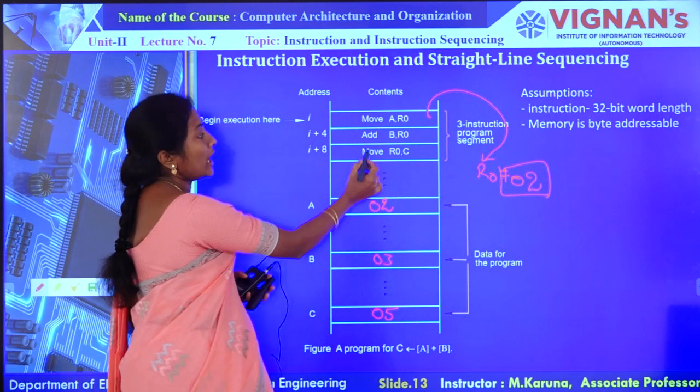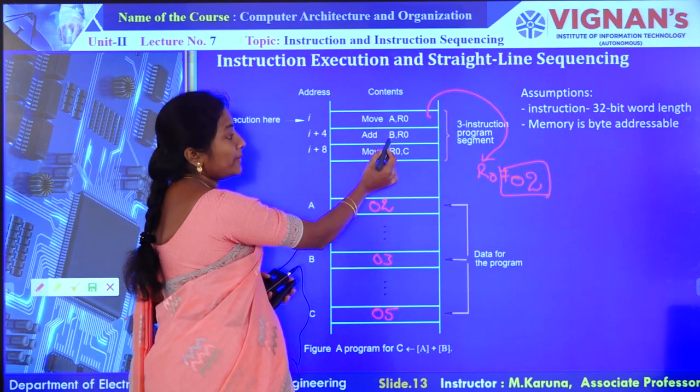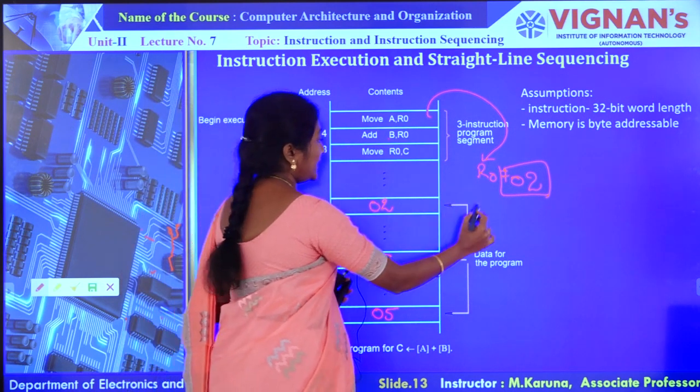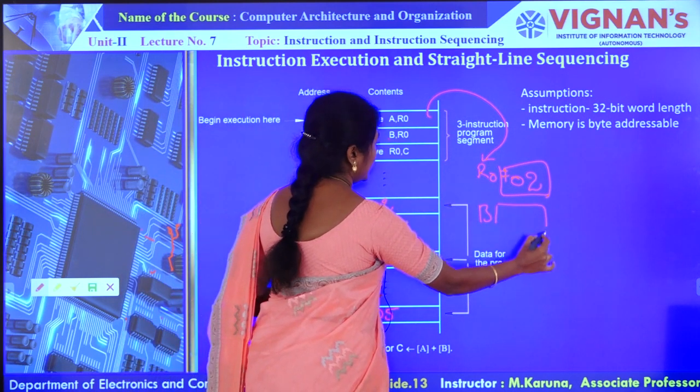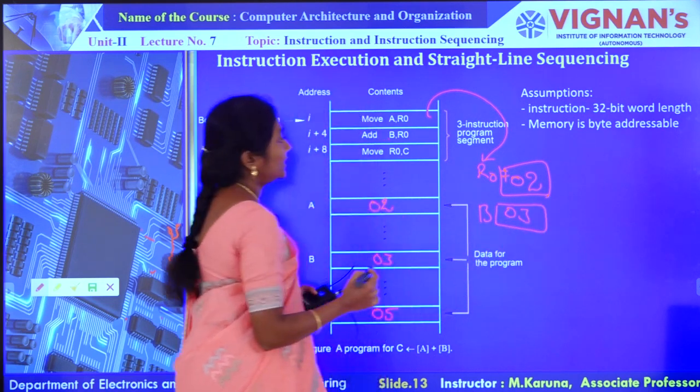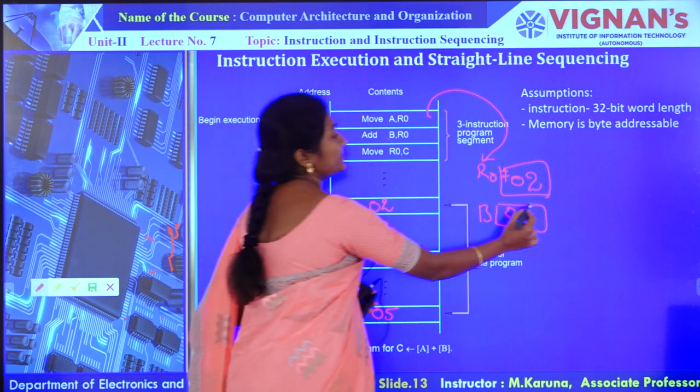Now, perform add operation between B memory location content and R0. So, what is B? 03. Perform add operation between these two.